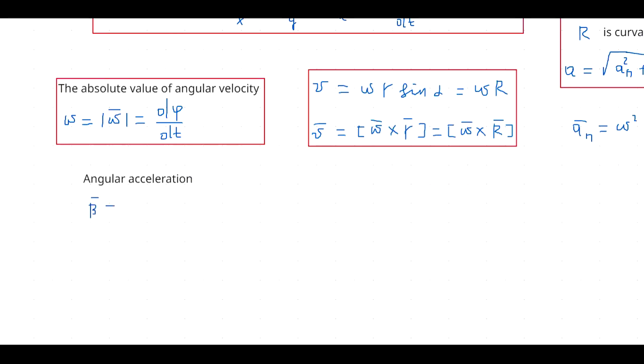Beta is the derivative, or absolute value. Beta is the derivative of this, and the second derivative of the angle of rotation phi.